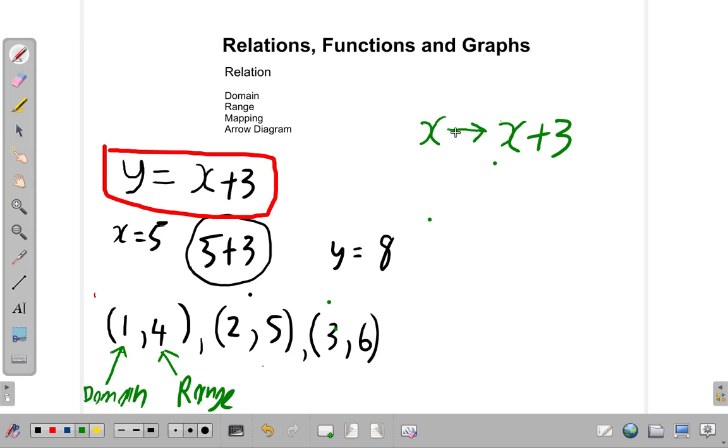What you're saying here is x is mapped onto x plus 3. Alright?